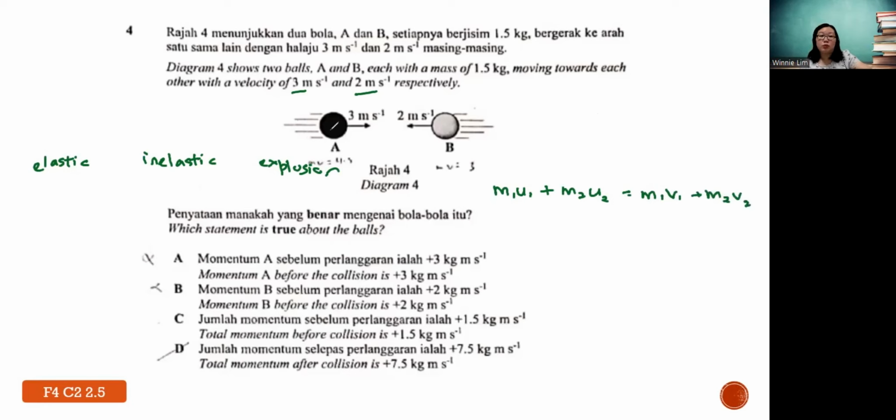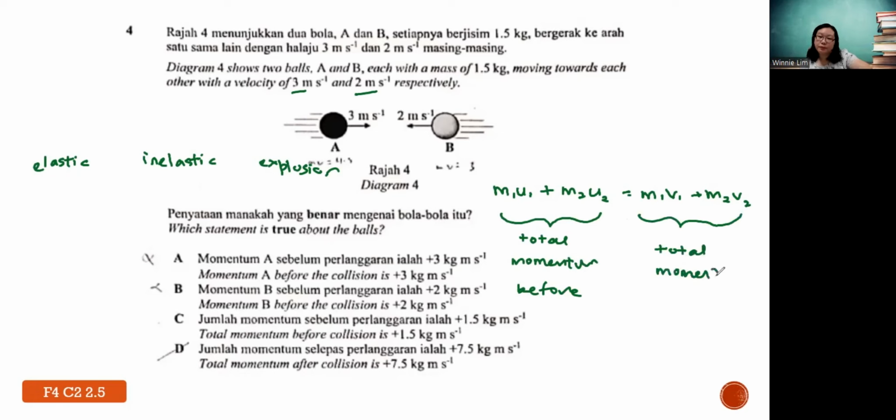1 refers to object 1, like A, then 2 is object 2, like B. So when you calculate this, it is what we call the total momentum before the collision. You will get it equal to the total momentum after.